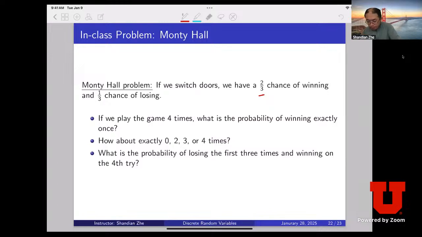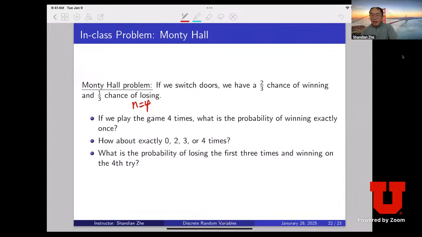So now, suppose we play the game 4 times, and we would like to know the probability of winning exactly once. This is a typical binomial distribution. Your n will be 4, because you do the trials 4 times.